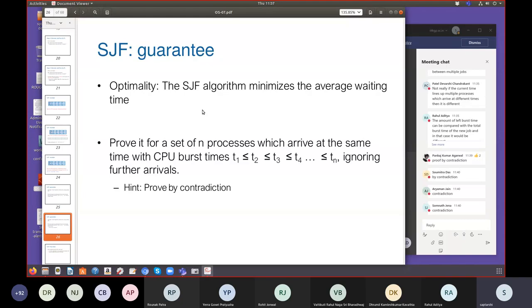Assume that you will be able to prove this. So we have just discussed that SJF is optimal. Then why is it not the only algorithm that we are studying? Because this is optimal. Why are there other scheduling algorithms also?